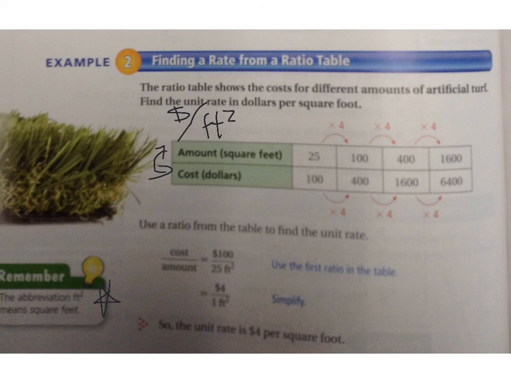Here's your ratio table, and it shows that to move from 25 to 100, we multiply by 4, and if we do that to the top, we have to do the same thing to the bottom. To move from 100 to 400, we multiply by 4, and we're doing the same thing all the way across. It says use a ratio from the table to find the unit rate.